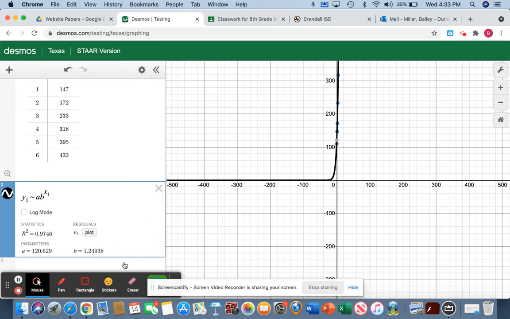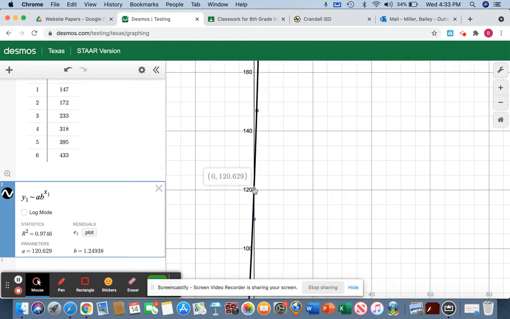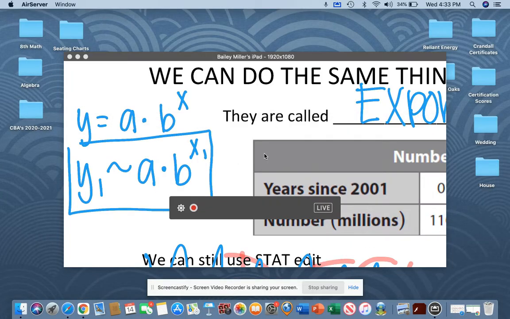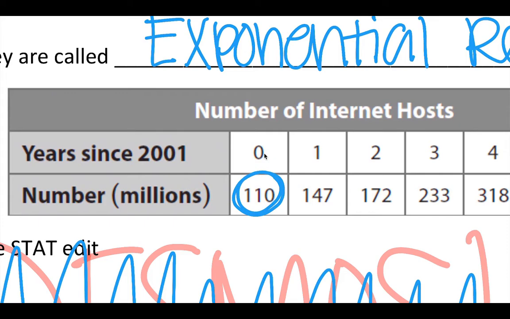Now, I don't know what's going on with Desmos. I will look into it. That is not technically our a, because remember, a is our starting point. It's where it crosses the y-axis. Well, we have the point where it's crossing that y-axis, right? It's crossing way down here at 0, it's 110. So I don't know why it's saying 120.